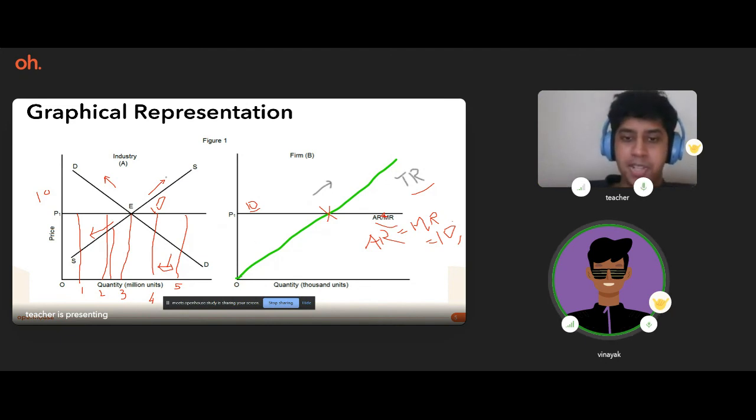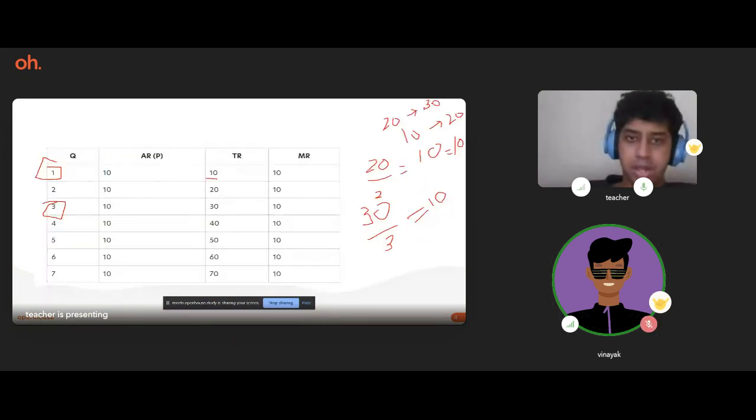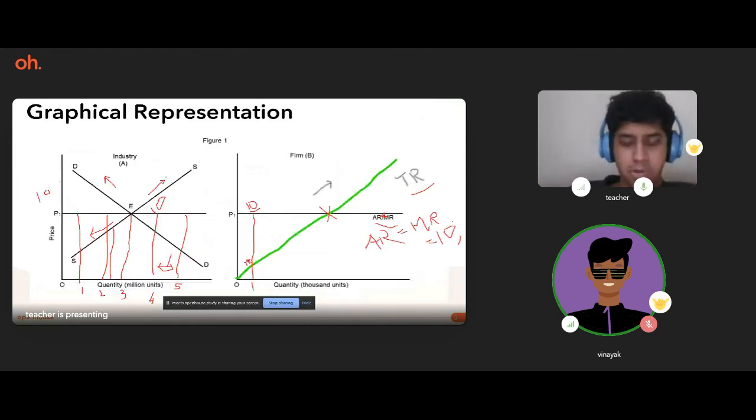So the reason why it's starting from the origin moving upwards is that if you draw a line from this point P1 to the bottom, which let's say is 1, this is the TR curve. So what we had seen earlier over here, TR is 10 for 1 unit sold, which is what this graph is sort of representing.